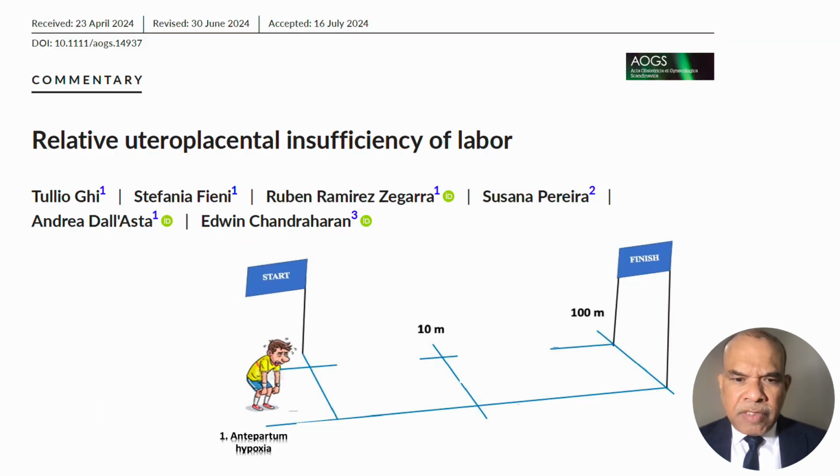One of the other things we included in this guideline is relative uteroplacental insufficiency of labor. So the chronic hypoxia is easy to understand. At the beginning of labor, the fetus is showing you 3 typical features: higher than expected baseline, reduced variability and absence of cycling, and shallow decelerations.